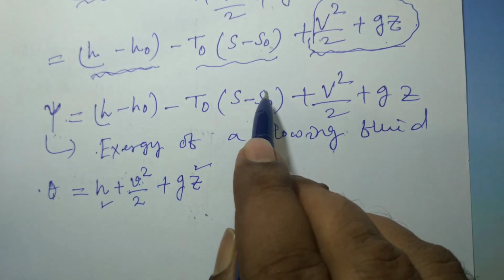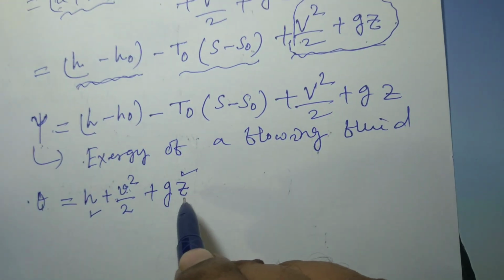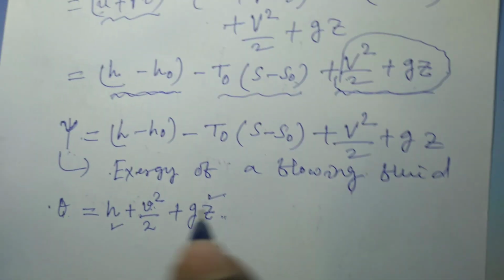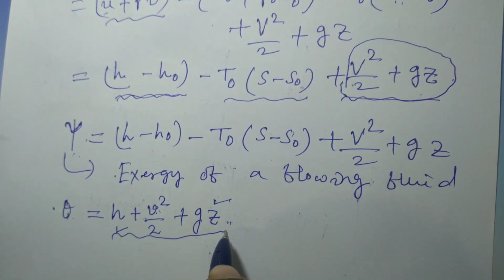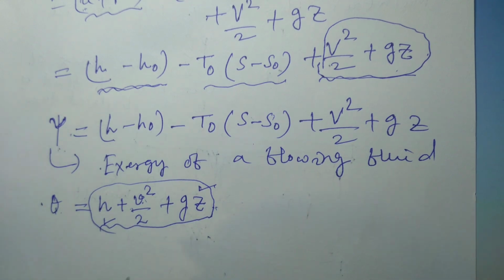Out of this, a term will be deducted, so that the exergy of a flowing stream will definitely be less than theta. Theta always represents the energy per unit mass of a flowing fluid, h plus V square by 2 plus gz.